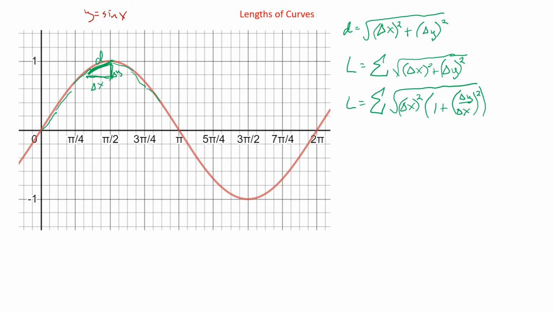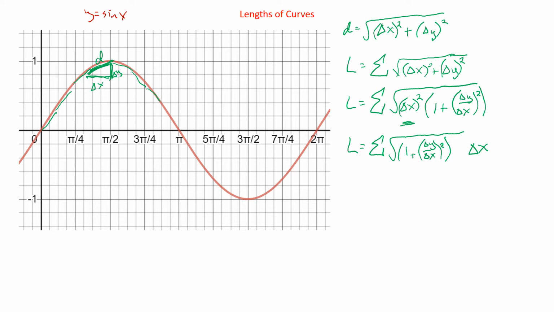Being that we now have this multiplied, we could actually pull it out of the square root. So the arc length will be the sum of all these things: the square root of 1 plus delta y over delta x squared, times delta x.